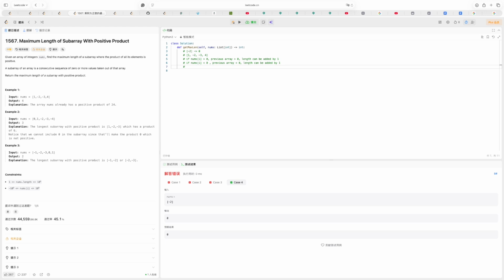And I would like to know the length of the negative product subarray, so the max length of the negative product subarray and the max length of the positive product subarray.